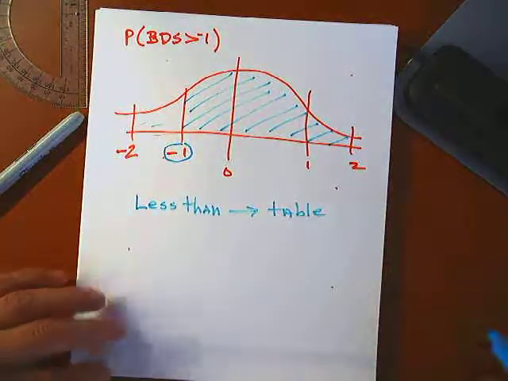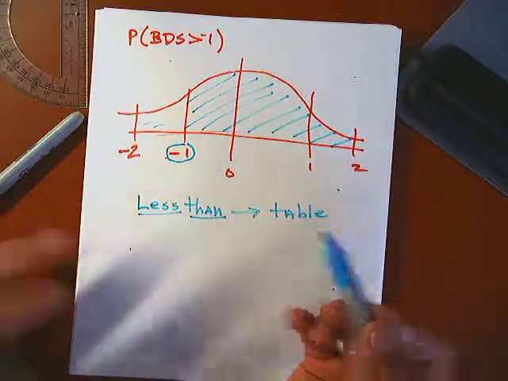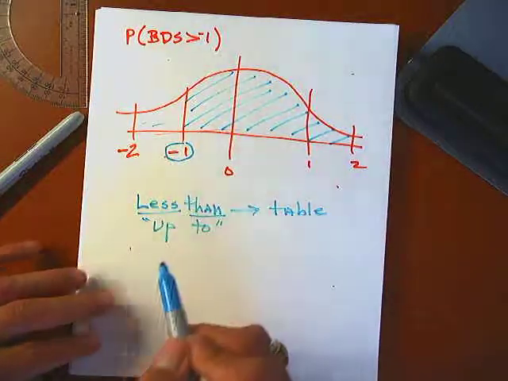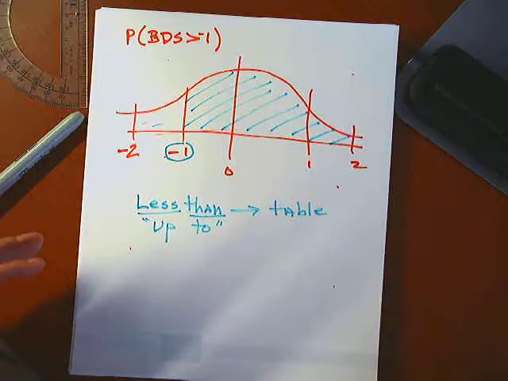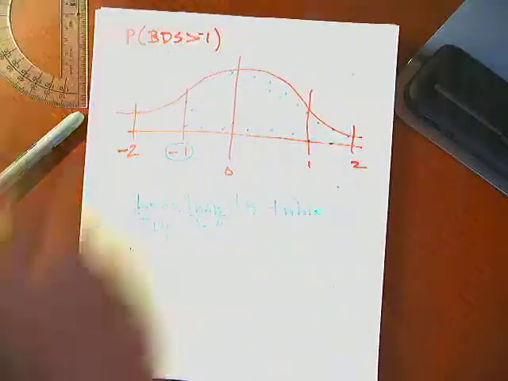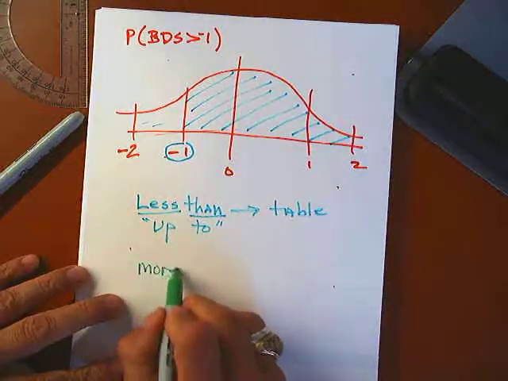All right, so let's write that down. If you want to find less than, that is pretty much what you get out of the table. Okay, so if it says less than -1, you look up -1 in the table, and whatever's there is this area right here.